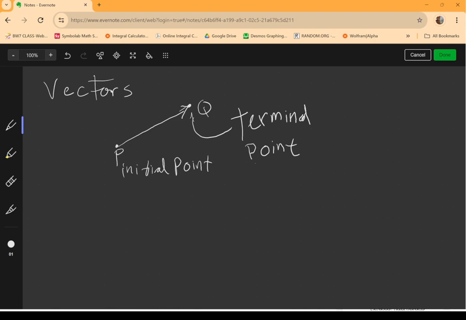All right, now here we abstractly think of a vector out in space, but if we refer to it in terms of our rectangular coordinate system, where let's say point P has coordinates x1, y1, and we have point Q somewhere out here, and Q will have x2, y2.